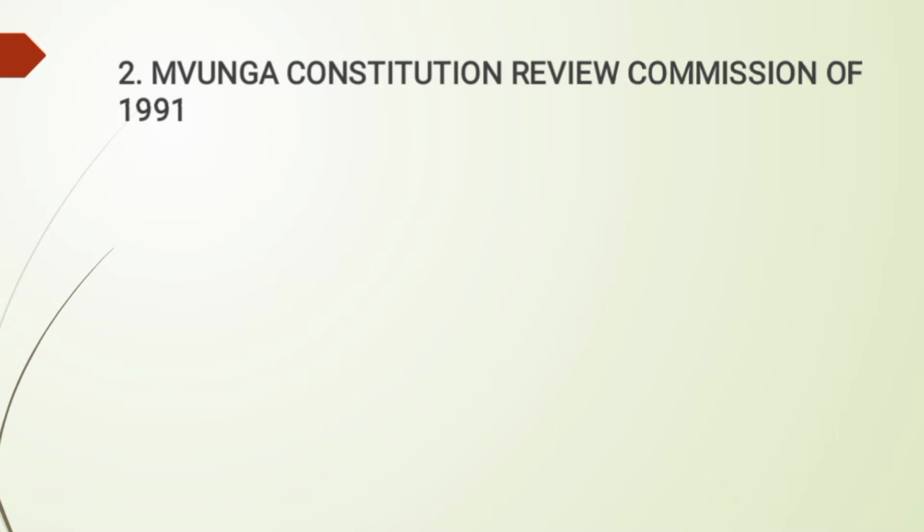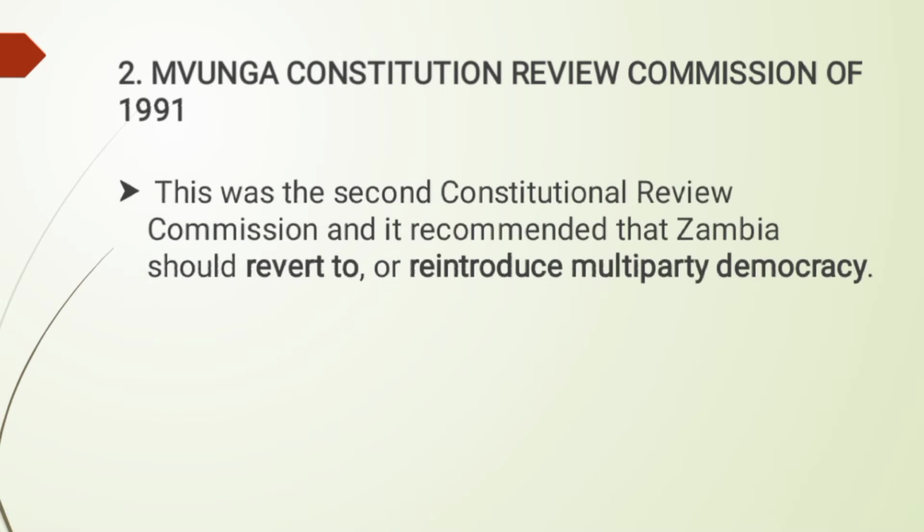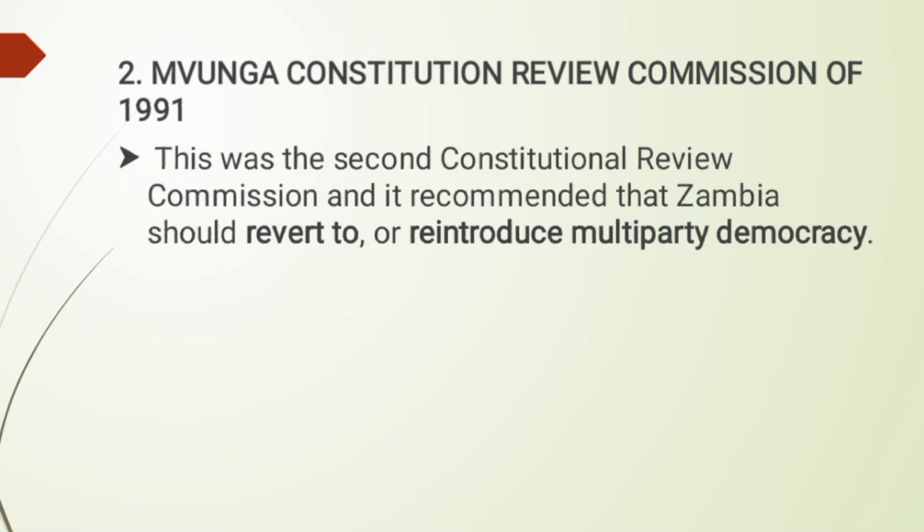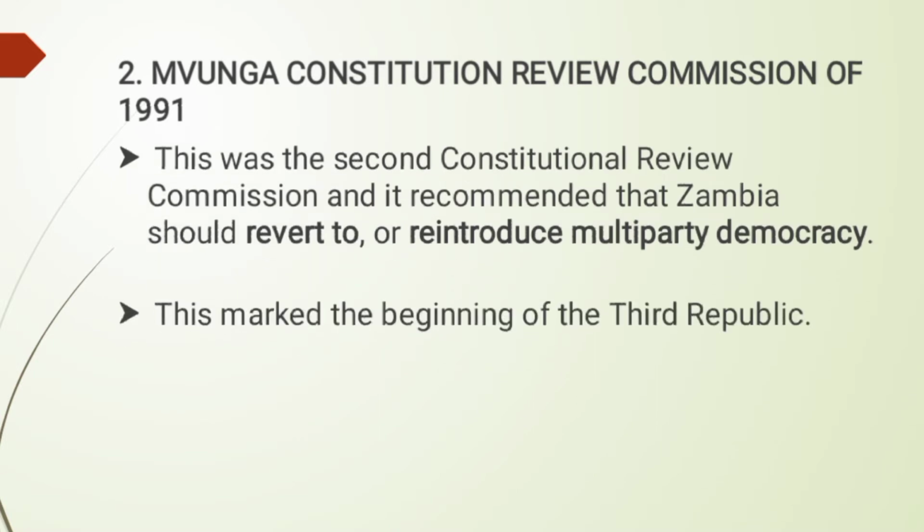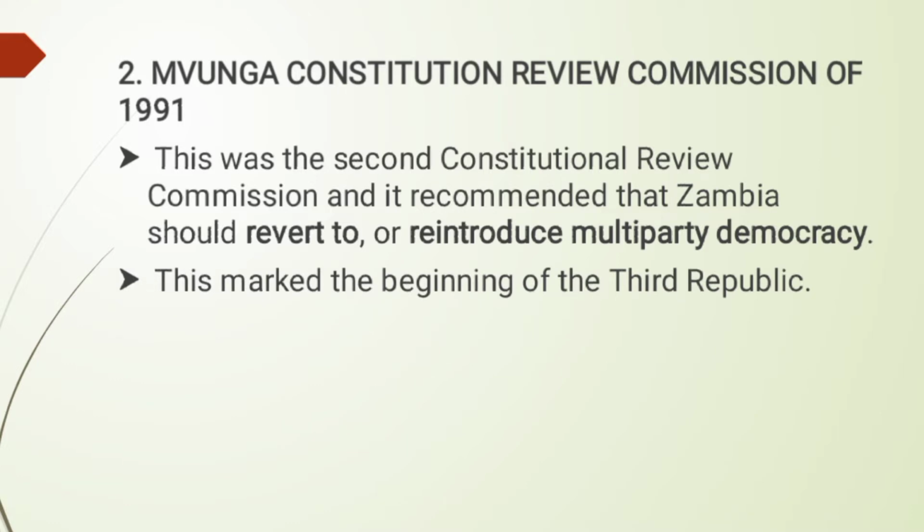The second one was the Mvunga Constitutional Review Commission of 1991. Frederick Chiluba was here. This was the second Constitutional Review Commission, and it recommended that Zambia should revert to or reintroduce multi-party democracy. This marked the beginning of the Third Republic.